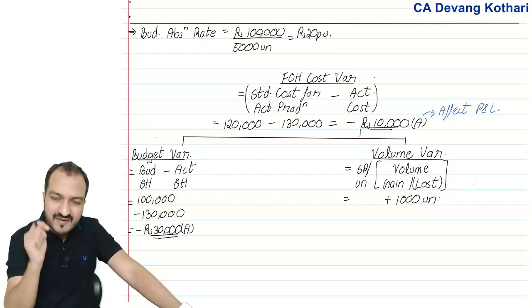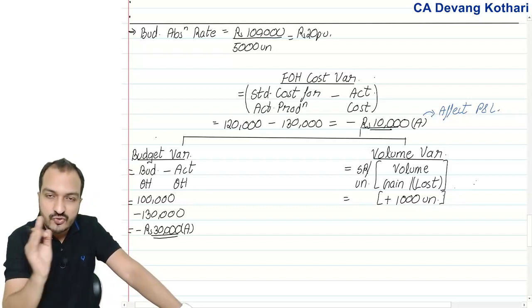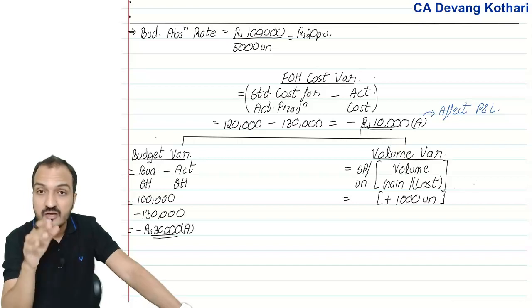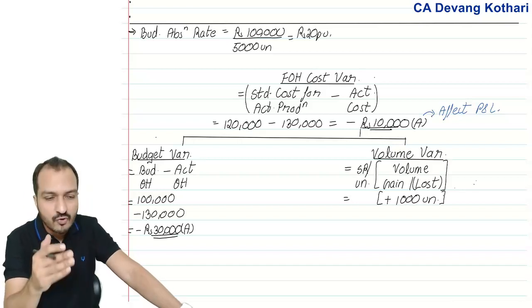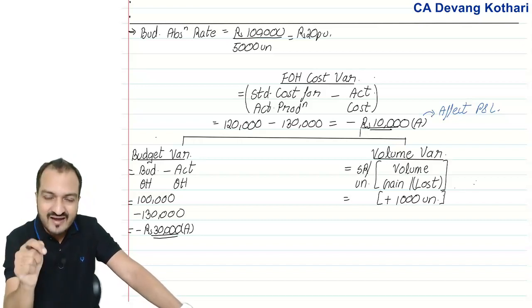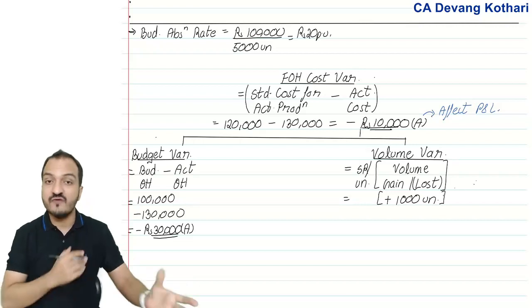Well, the only benefit of producing more units is that you sell more units, so you recover selling price from more number of customers, and from every customer to whom you sell the product, you are recovering selling price.